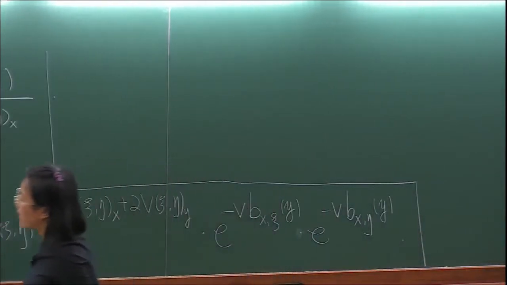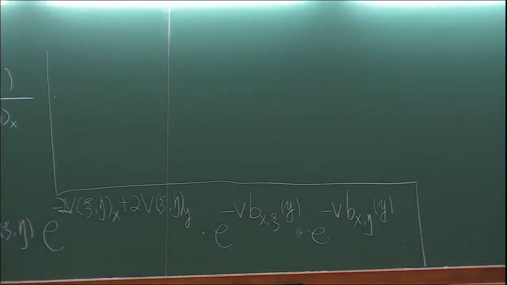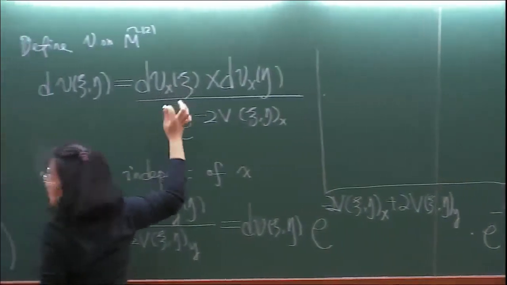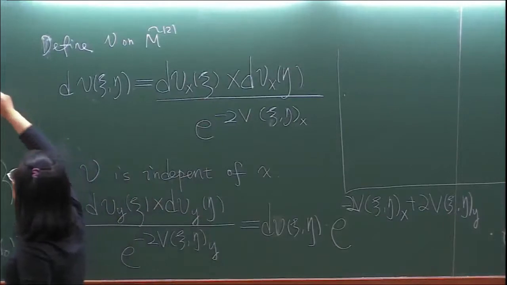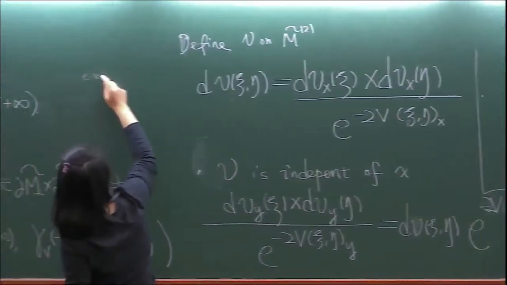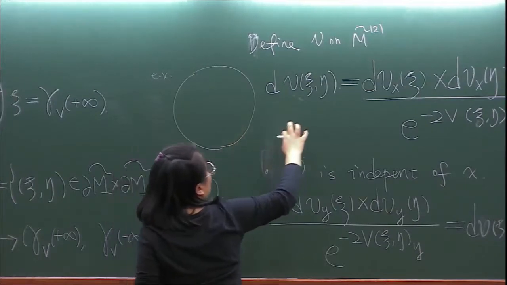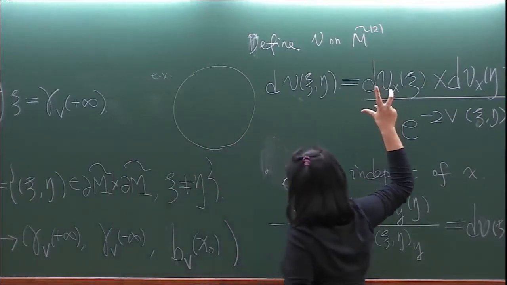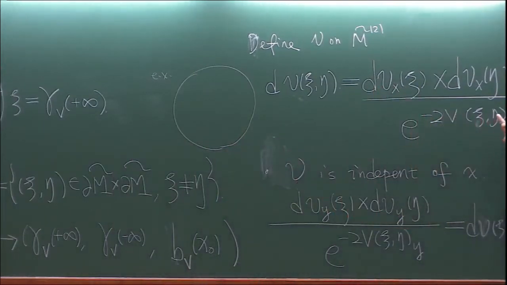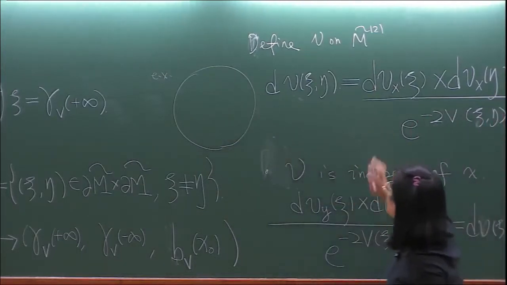But I can leave it as an exercise to understand why this is independent of x. The exercise is, you look at the Poincare disk case and try to see this is exactly a kind of geometric thing. It should be. So if you are interested in this, you can do this exercise, okay?